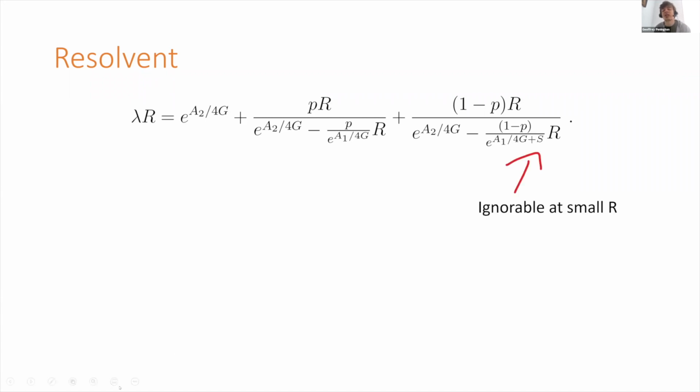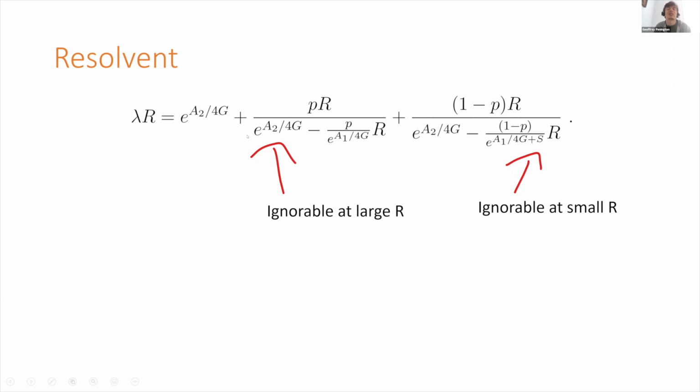Instead, we're going to be physicists and make some approximations. The first approximation we're going to notice is that as long as R isn't too big, then we have this huge term in the denominator here, a very big term in the numerator here, and we can just ignore this entire correction. Okay? So you might say, well, maybe R gets really big and then that approximation wouldn't be valid. And that's true, it does. But if R gets really, really big, then this term becomes really, really big, and in fact becomes much bigger than this term.